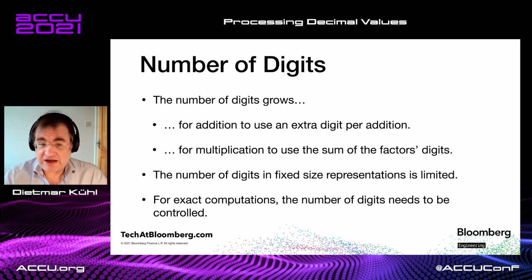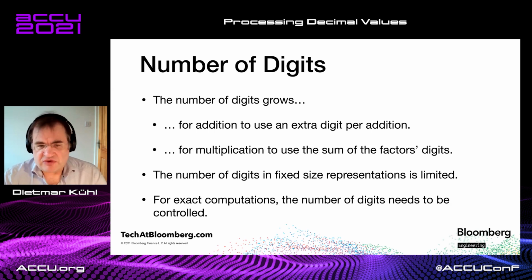It's way more likely to run out of digits with multiplication, because multiplication doesn't just add in an extra digit once in a while, but pretty much produces the sum of the digits used in the originals together. So this grows relatively quickly.